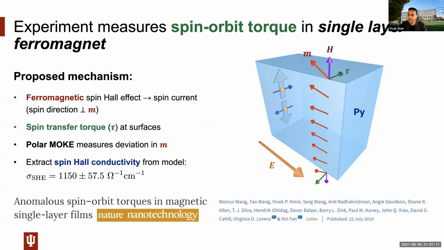Right. In the experiment we looked at a few material systems, but one of the interesting things is that within permalloy we looked at different capping layers. That's evidence that points towards an internal spin current generation mechanism rather than something that happens at the interface, because the torque strength by and large was not affected by what materials we used as the capping layer.